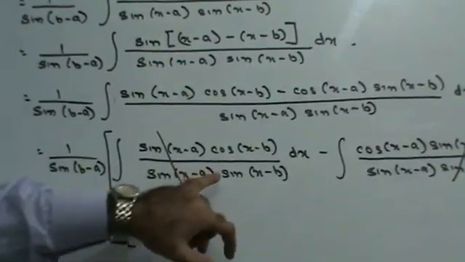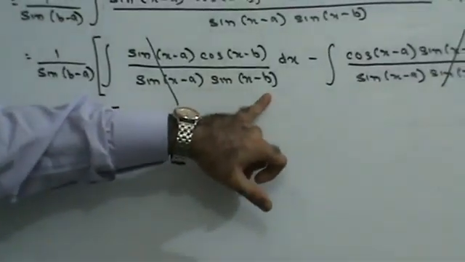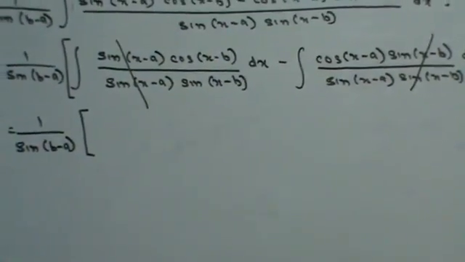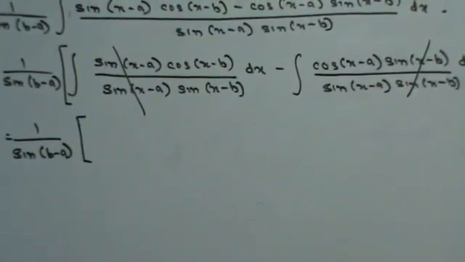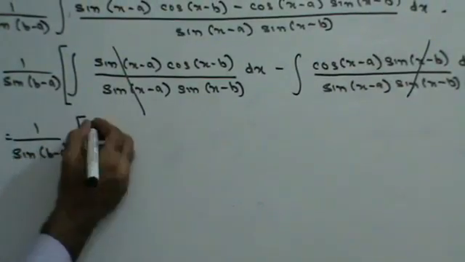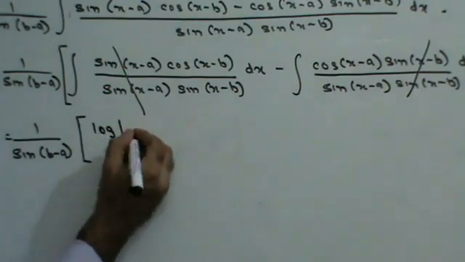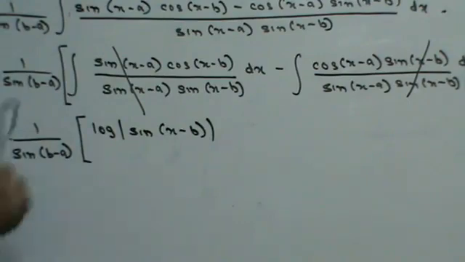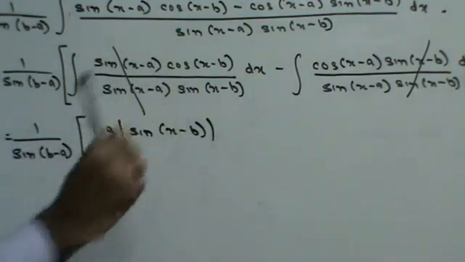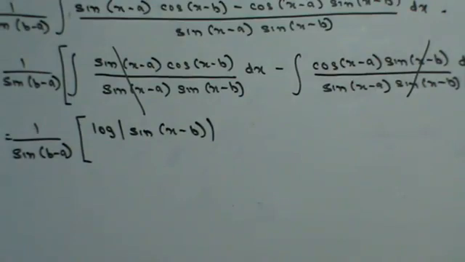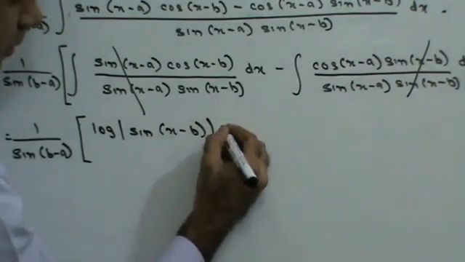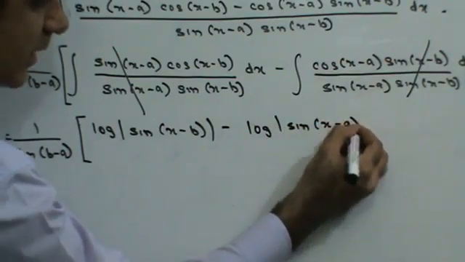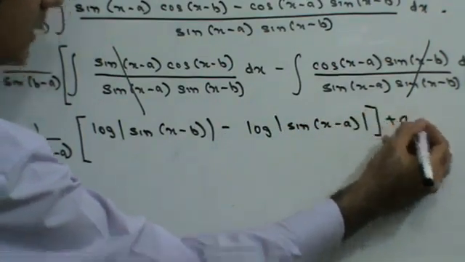Now, d/dx of sin(x minus b) is nothing but cos(x minus b). That means the term in the numerator is the derivative of the term in the denominator. Therefore, this is going to be log mod of denominator. Guys, I am using the formula integral of f'(x) upon f(x) is log mod f(x), minus log mod sin(x minus a) plus c.